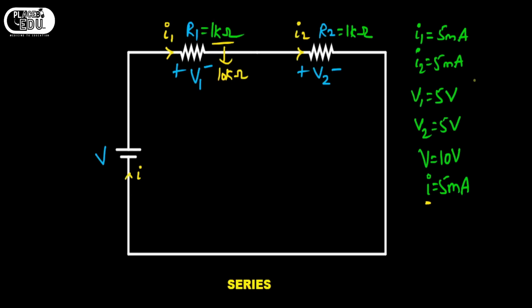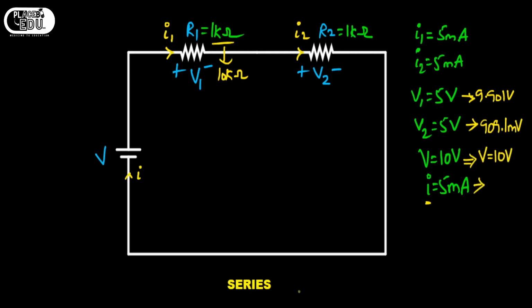So now V1 is changed from 5 volts to 9.091 volts, and V2 is changed to 909.1 millivolts. This is the source, so V equals 10 volts.